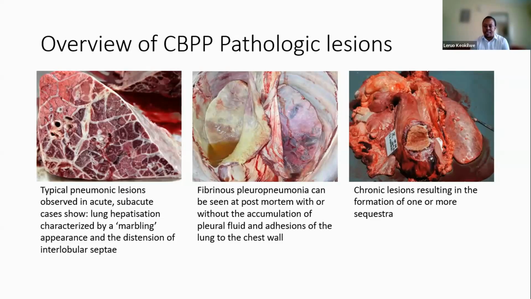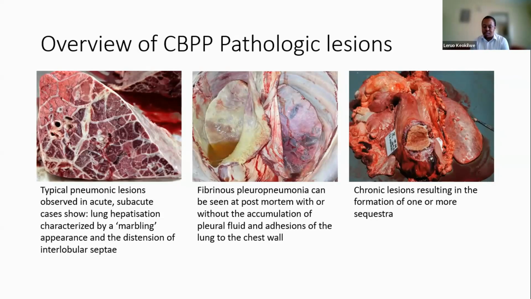So it's important that where we have these lesions, which are very characteristic of CBPP, which Massimo has really explained at length and very well, our suspicion for CBPP should be very high when we see these lesions in the abattoir.